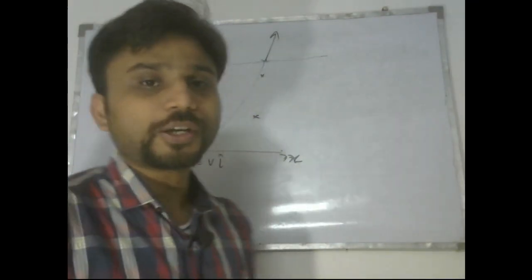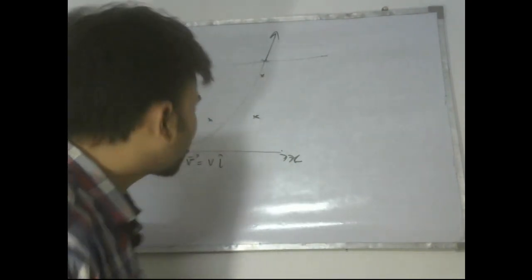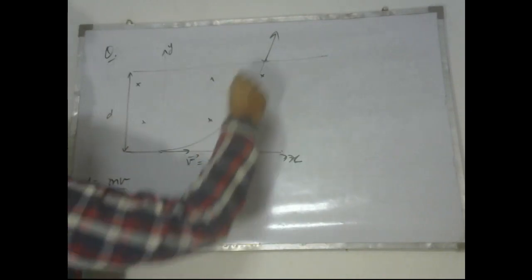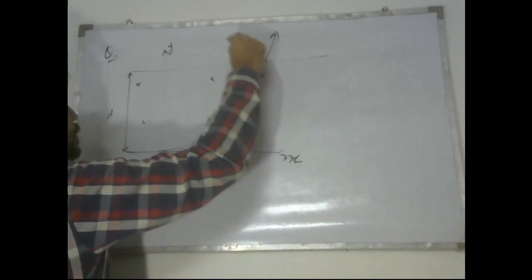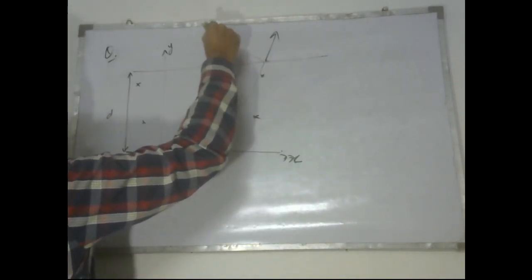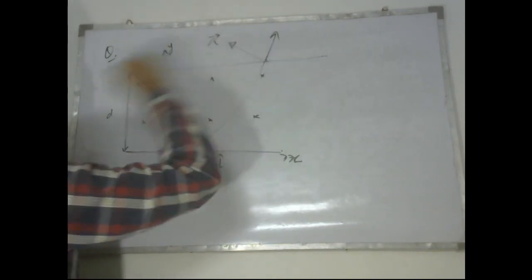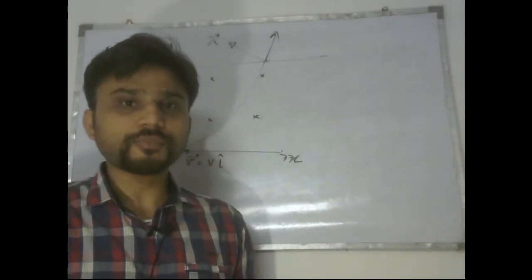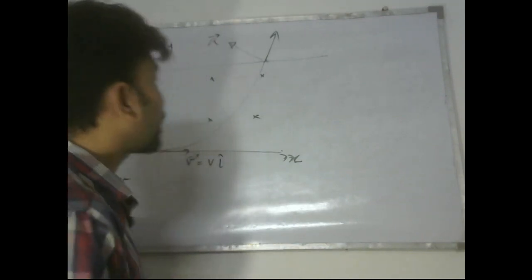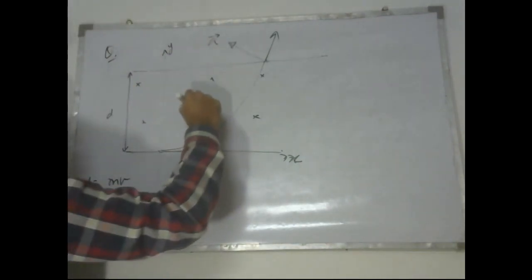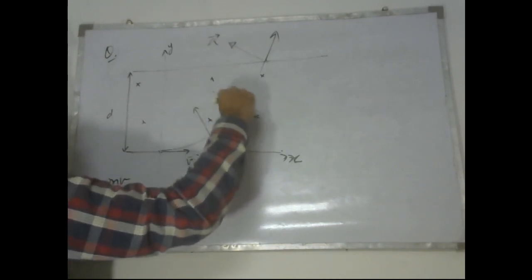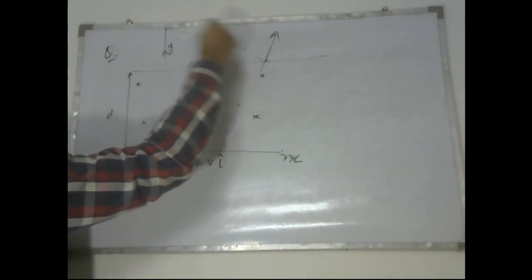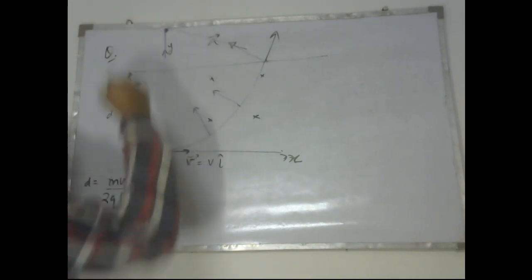So our objective in this question is that when the particle enters this region, we have to find the acceleration of the particle at the point at which it has left the field. This acceleration vector which the particle would be experiencing at all points would be directed towards the center of the circle, somewhere here, let's say this is the center of the circle.